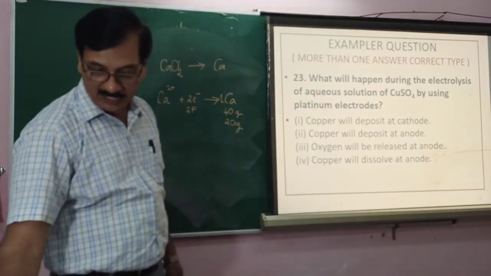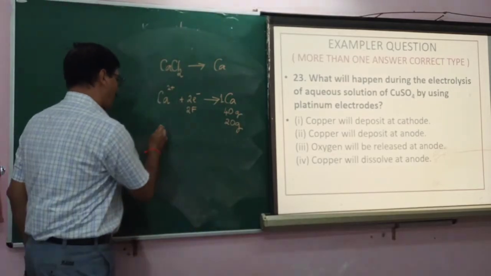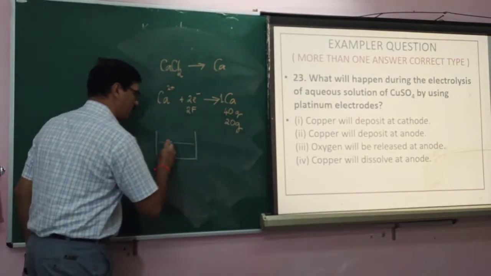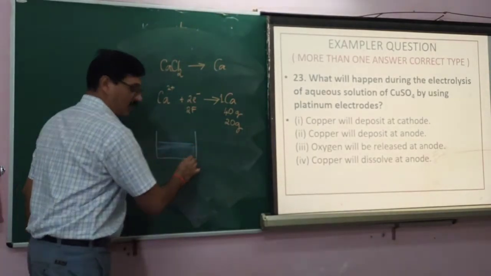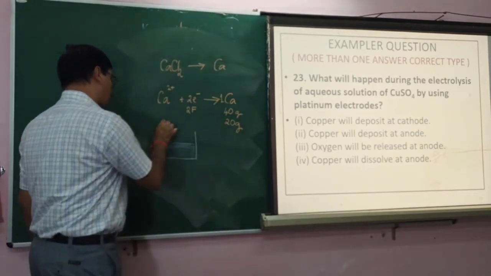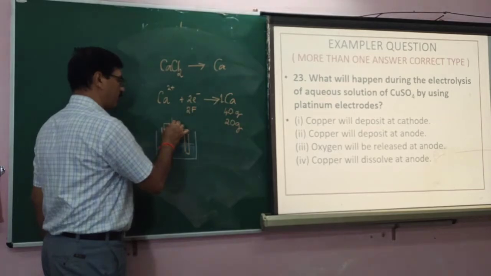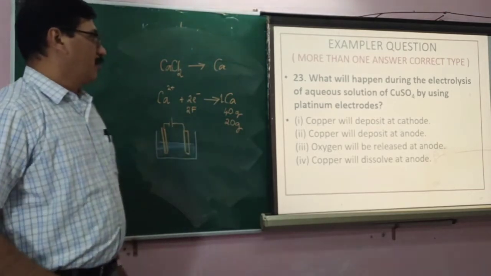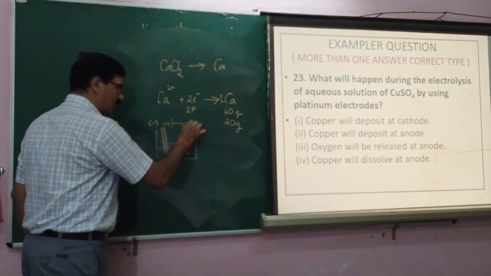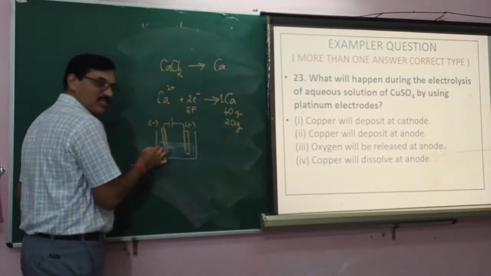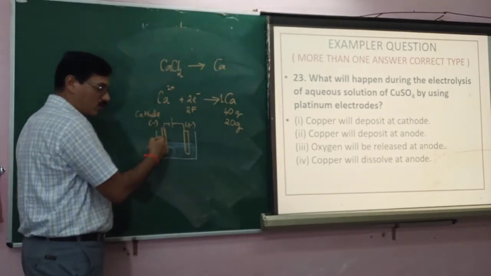That means you have taken copper sulfate, and in it there are electrodes. Copper is deposited at the cathode. So let us mark this: this is minus, this is plus. The cations move towards the cathode. Therefore, this is the cathode, negatively charged, and cations will go there.